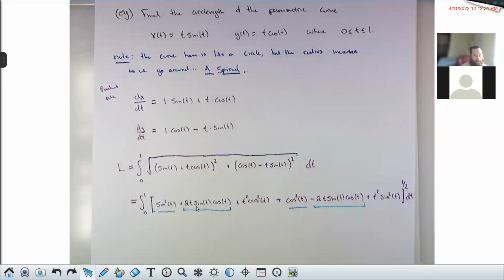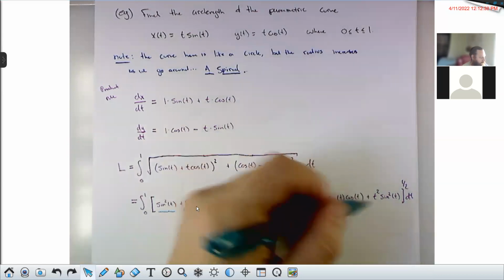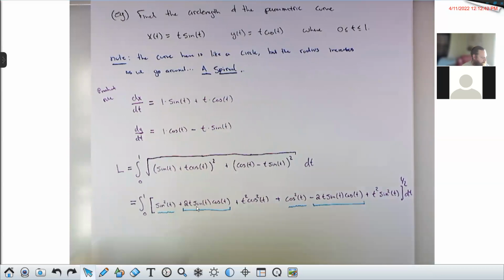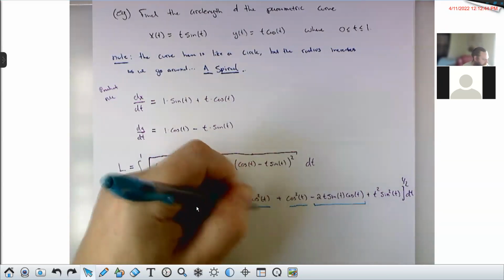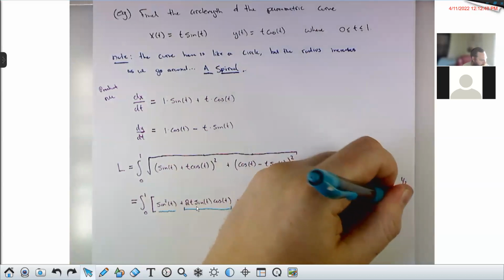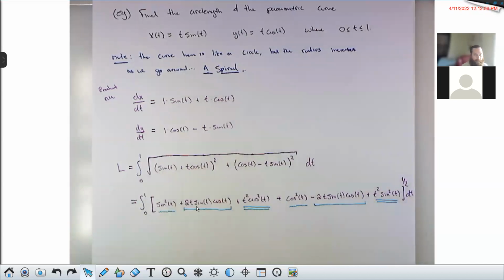We talked about those. And then I also have these guys, t squared cos squared t and t squared sine squared t. So I will put these guys together, as the underlining suggests.